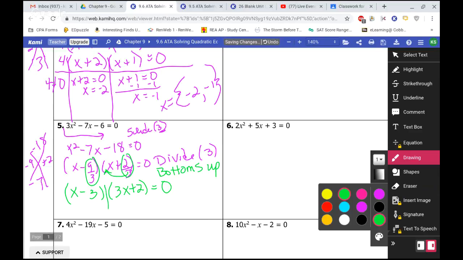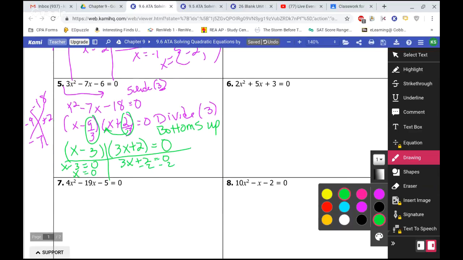So now I'll take each of these factors and set them individually equal to 0. So x minus 3 equals 0, and then 3x plus 2 equals 0. So I have 3x equals negative 2. Divide both sides by 3, and x equals negative 2/3.